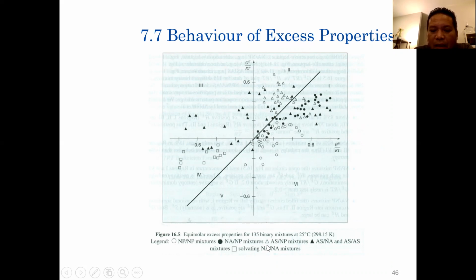The triangle is associating and non-polarizing, and the square is associating and non-associating. So we can see there's a region when we plot GE, SE, and HE here.